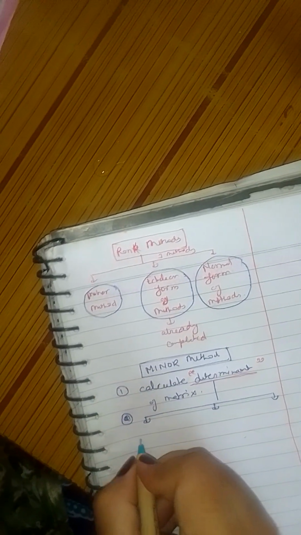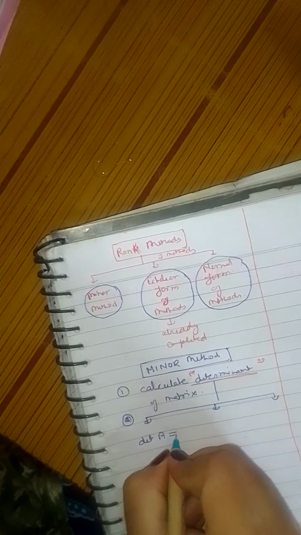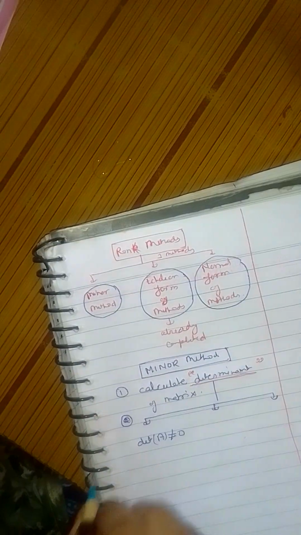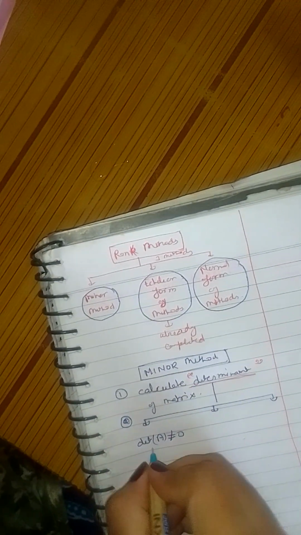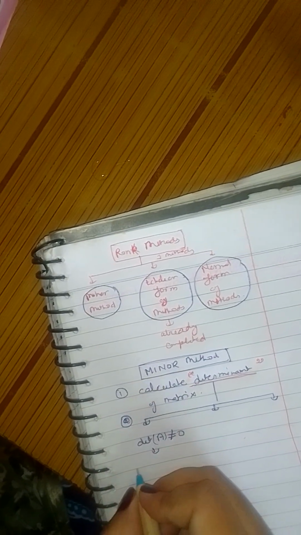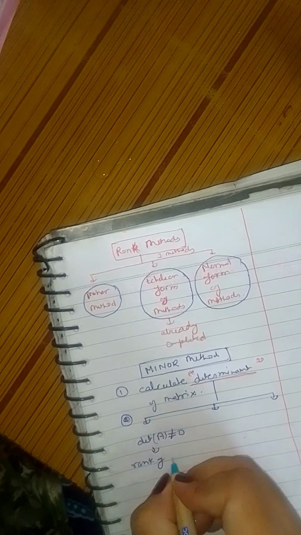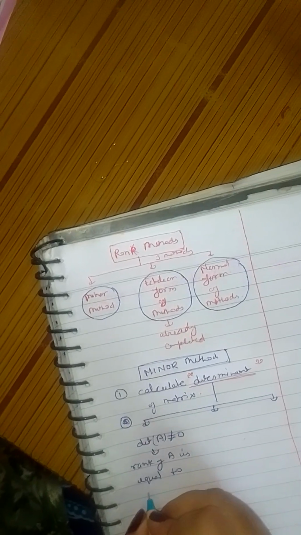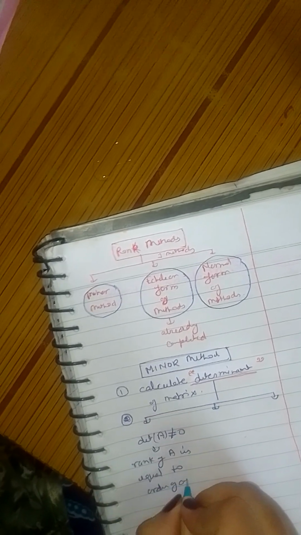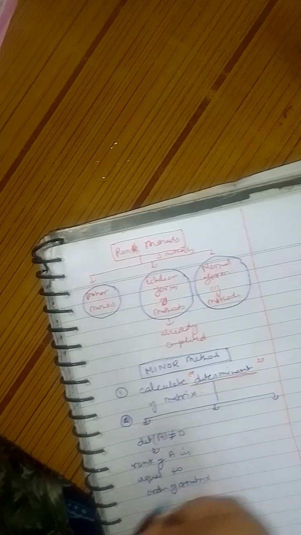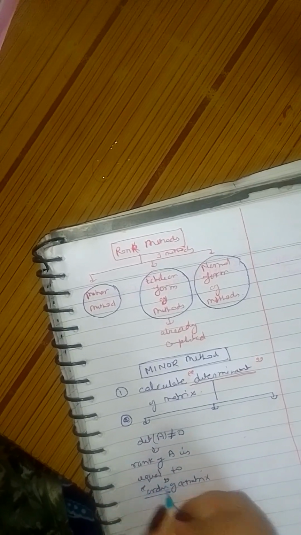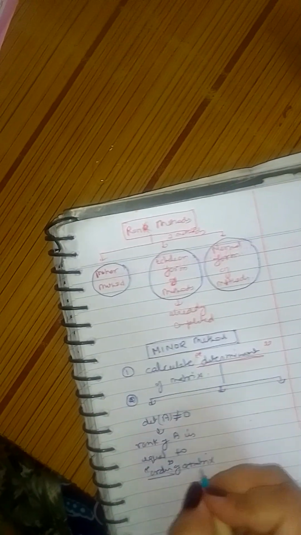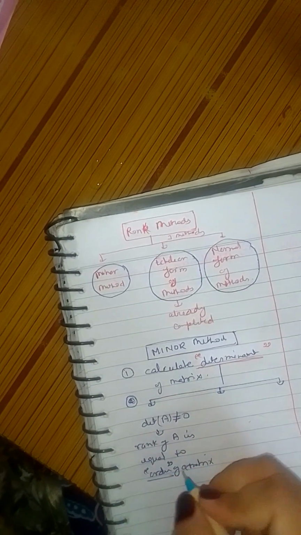If determinant of A is not 0, it means the rank of A is equal to the order of the matrix. Now you would ask, what is the order of a matrix? You need not worry about that. We will see that in our next upcoming video.